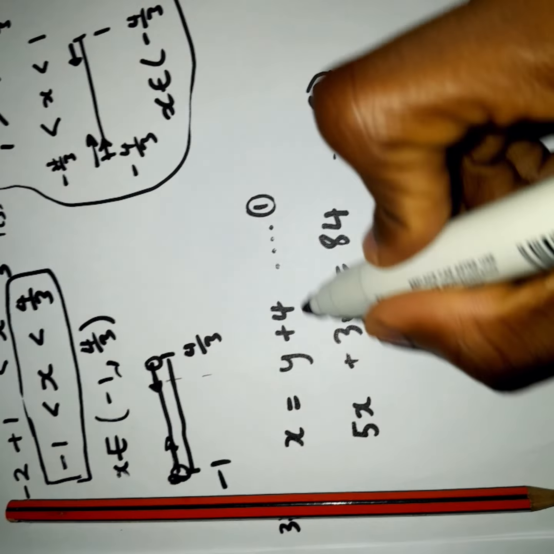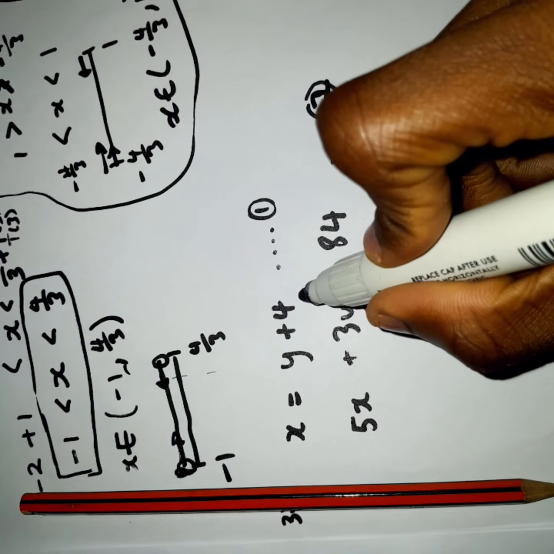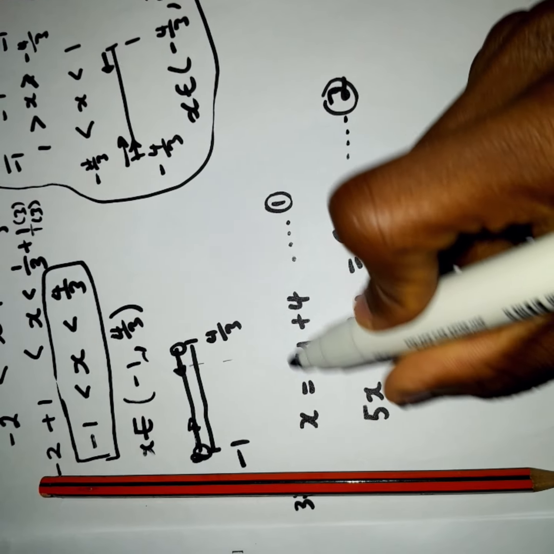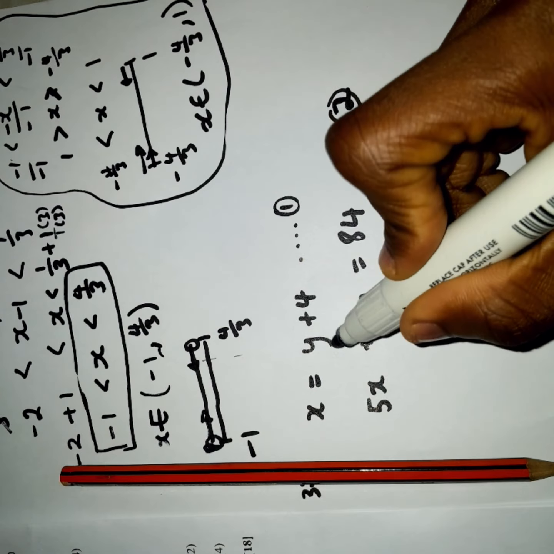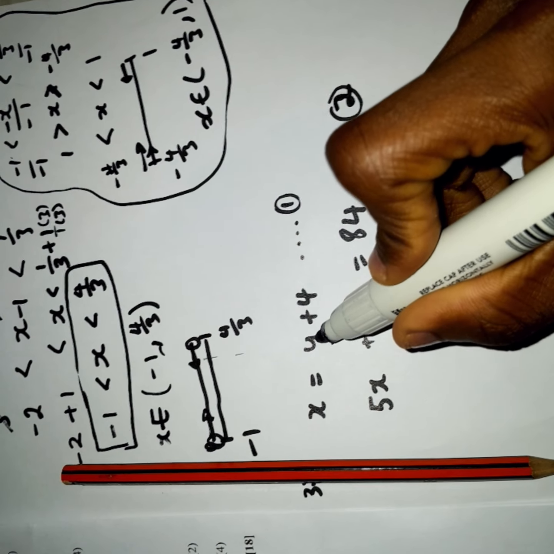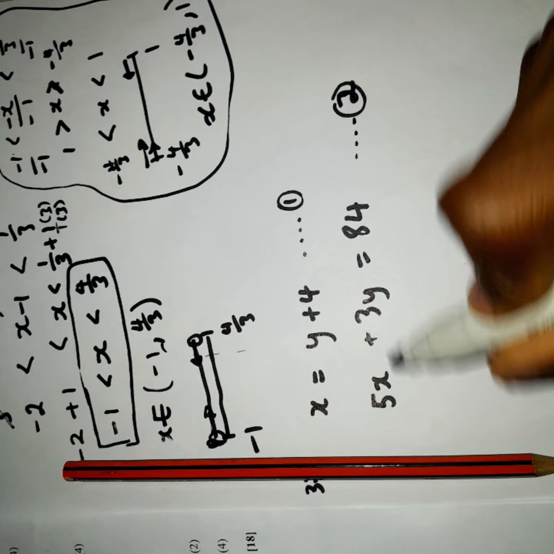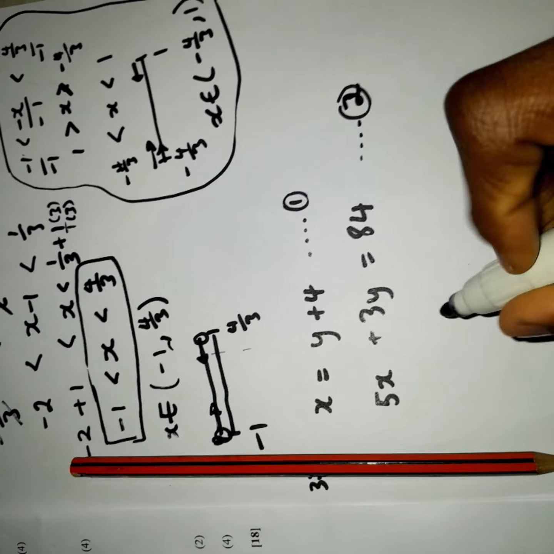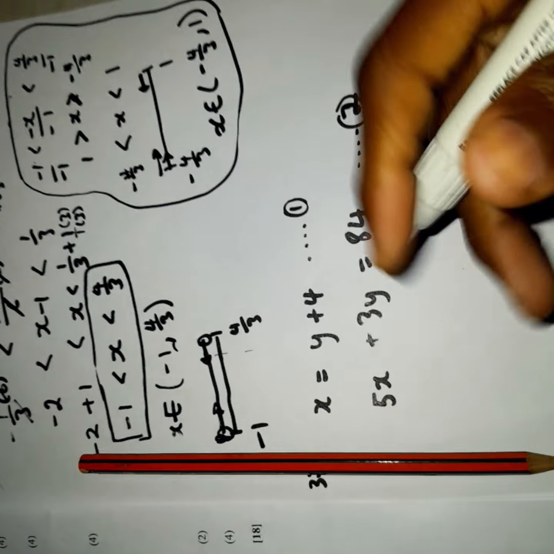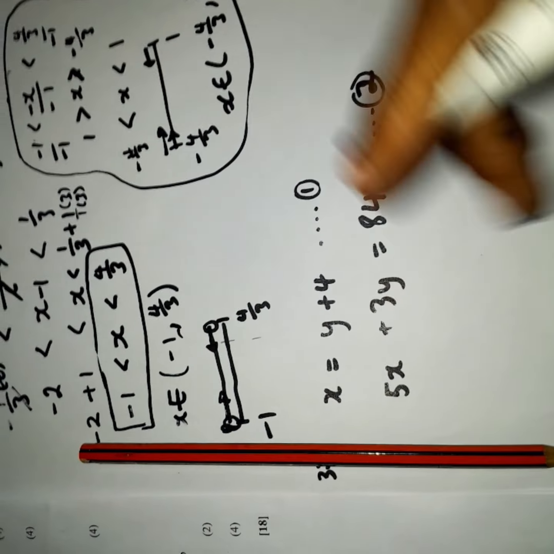Let's use this one here. The reason why I'm using this one is because, you can see, we can easily make y the subject of the formula. Instead of using this one, it's going to be whole numbers with fractions and stuff, and it's going to be a little tricky when solving it.